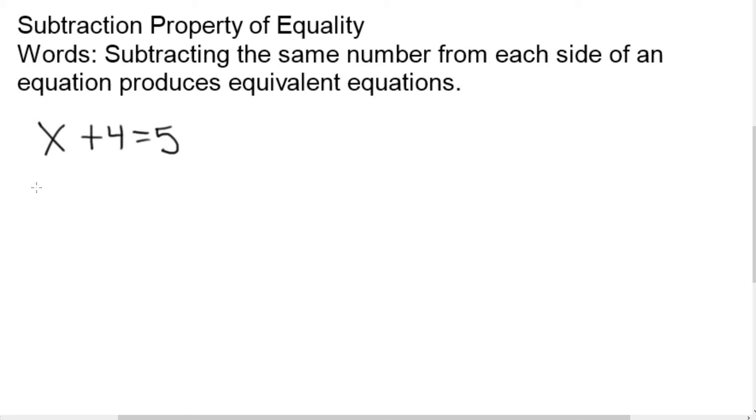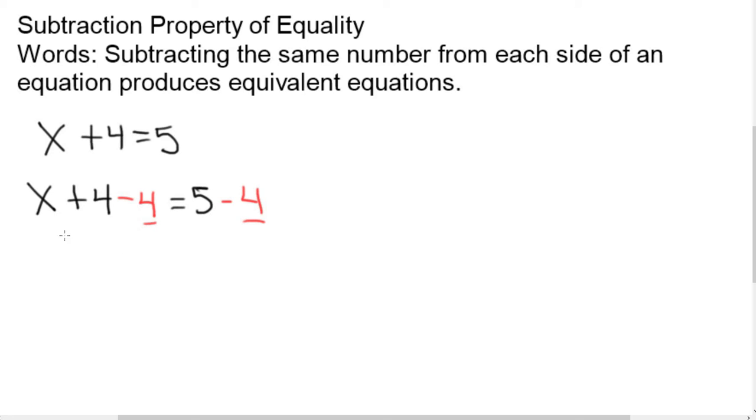If I subtract the same number from both sides of the equation, if I subtract 4 from this side and I subtract 4 from the other side, I get equivalent equations. So I can subtract the same number from both sides and get equivalent equations.